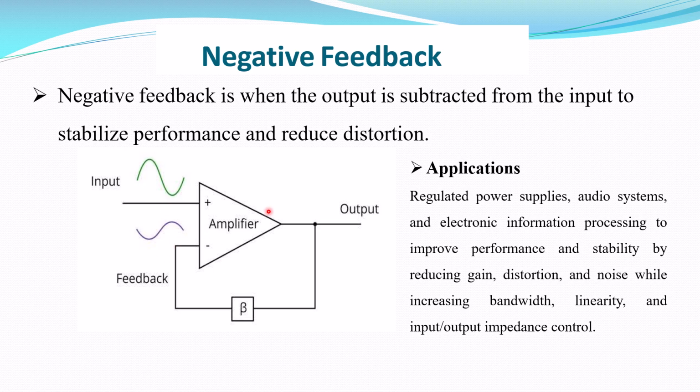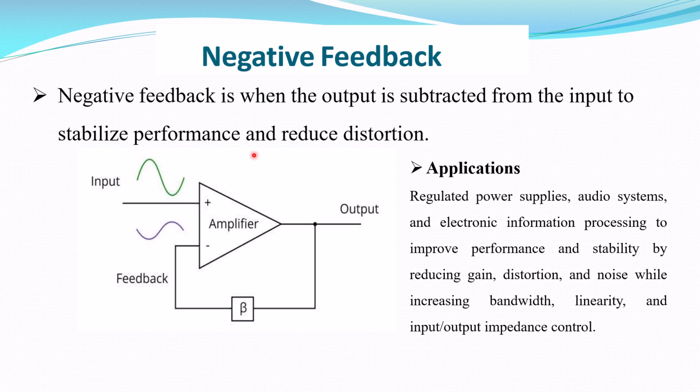Here this is the amplifier and beta is the feedback factor, and we are applying a full sinusoidal signal as an input. The corresponding output is generated based on the amplification of the signal with the feedback factor. At the end we are getting only the 180-degree out of phase of the negative feedback circuit.